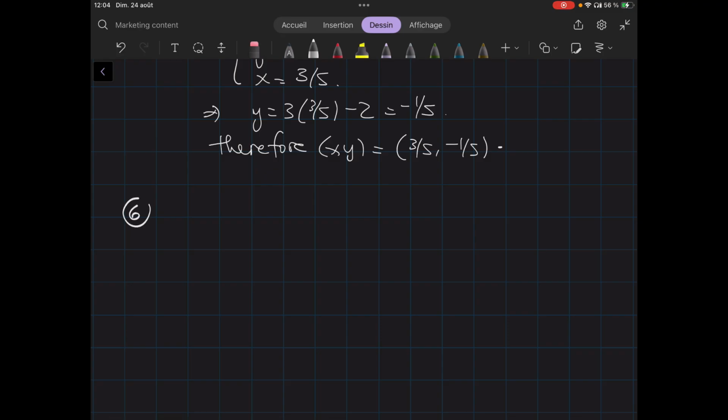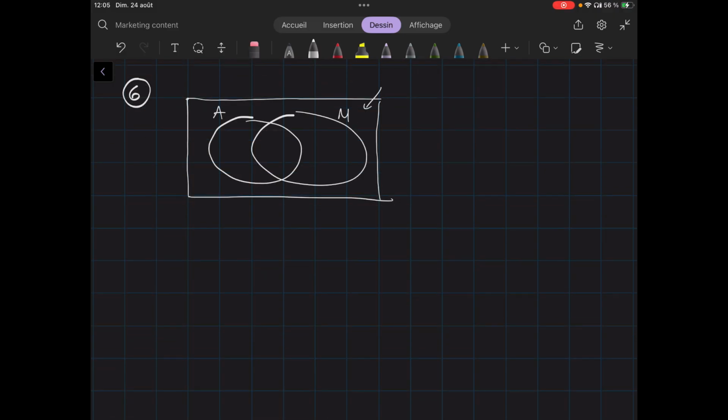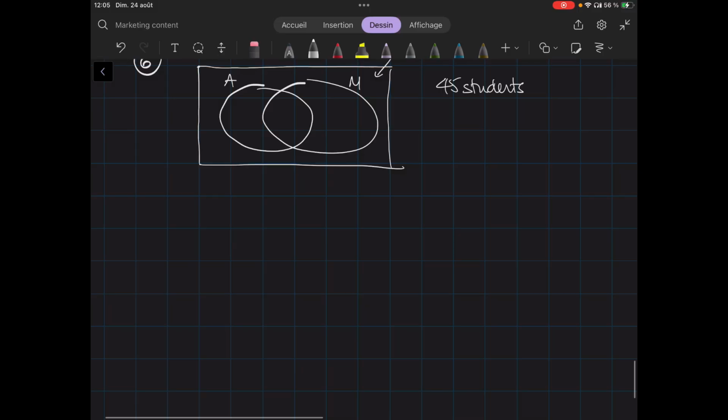Question 6. This question is on probability and the concept of independence. We have a total of 45 students taking arts, music, both or neither. You have 25 that take part in arts. That includes this region and that region.